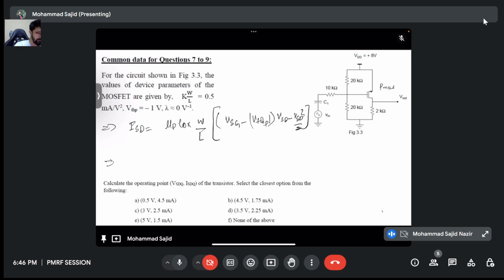And if in saturation, then ISD sat is equivalent to mu P C ox W by 2L, VSG minus VTHP magnitude whole square. So this is the formula for the device in saturation, and this is the normal operation in the linear region. So the first question says calculate the operating point VDSQ and IDSQ.